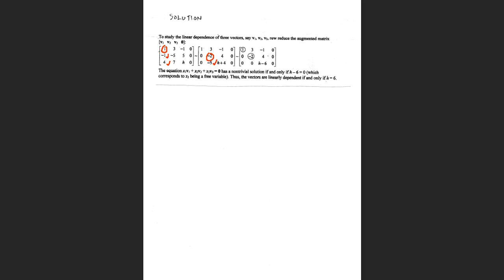This h-6 comes from taking -5 halves times 4 and adding it to h plus 4. This is -10 plus h plus 4. So that's -6 plus h. That's how they get that entry there.